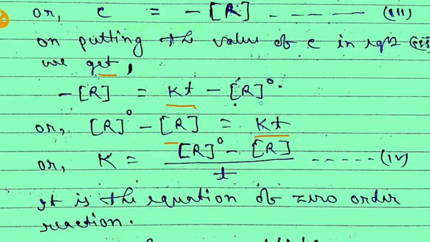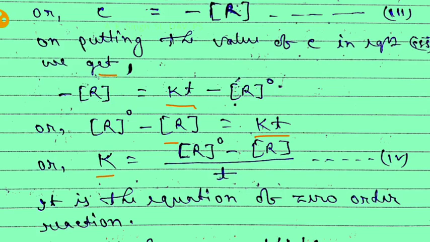Only [R]0 is taken to the left side, or K is equal to ([R]0 minus [R]) by t, meaning K is equal to the concentration of R naught minus concentration of R by t. It is the equation of a zero order reaction.